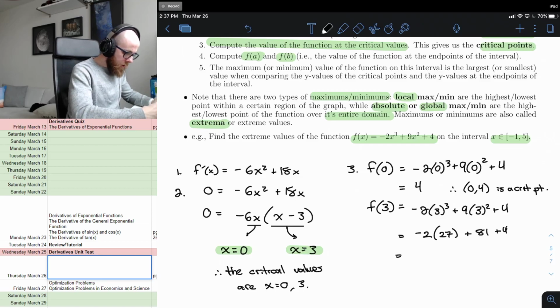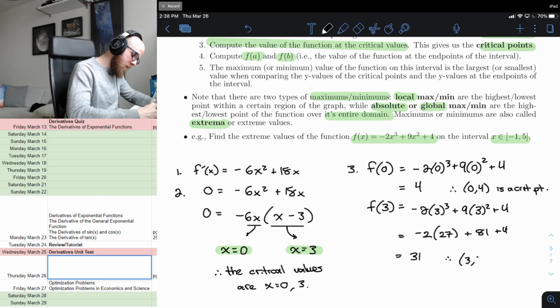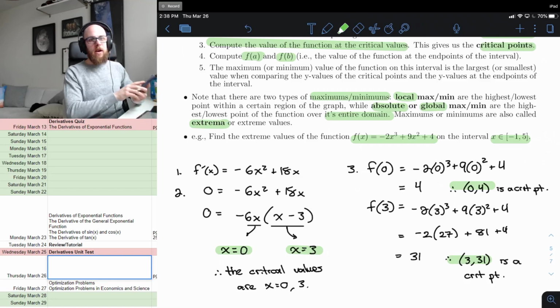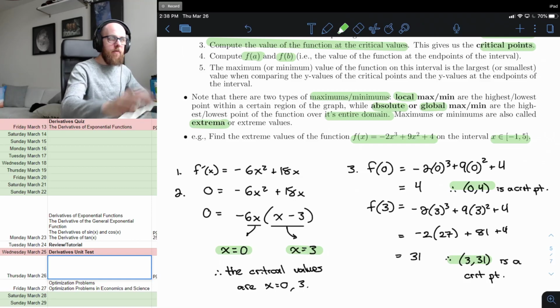I get a value of 31. Okay, so therefore 3, 31 is a critical point. So I found my two critical values, I plugged those back into the function, and I have my two critical points now.